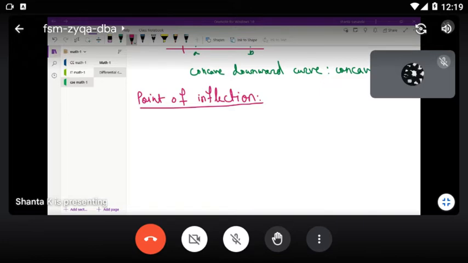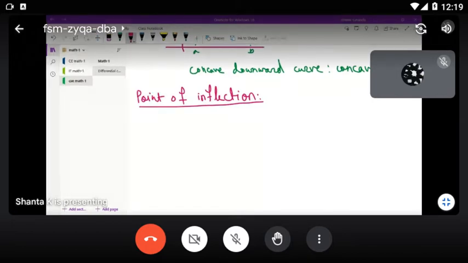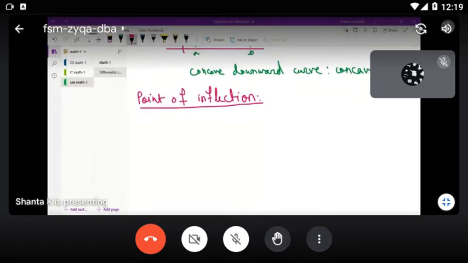So here, point of inflection. The point where the curve changes its concavity from concave upward to concave downward, or the other way, concave downward to concave upward, is called a point of inflection. This is the definition.